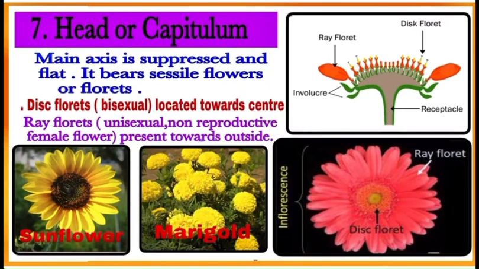There are two types of florets. One, disc florets present at the center and are bisexual, while second type are ray florets present towards outside. These are unisexual, non-reproductive female flowers. Examples of plants having head or capitulum type of inflorescence are sunflower and marigold.